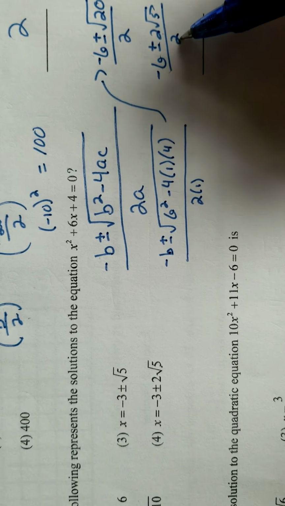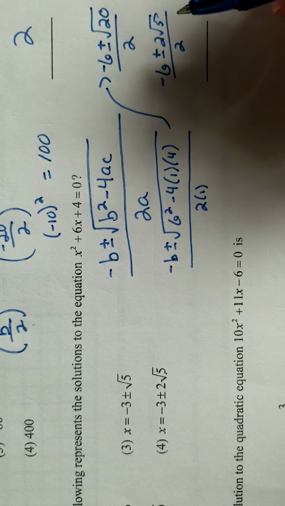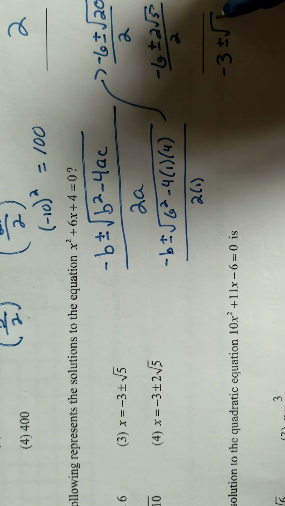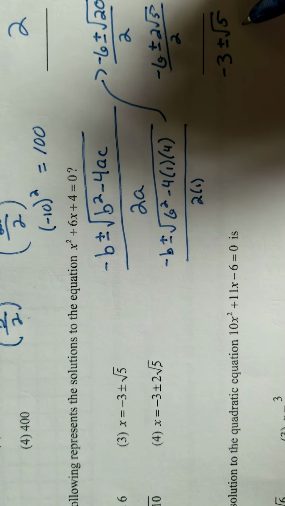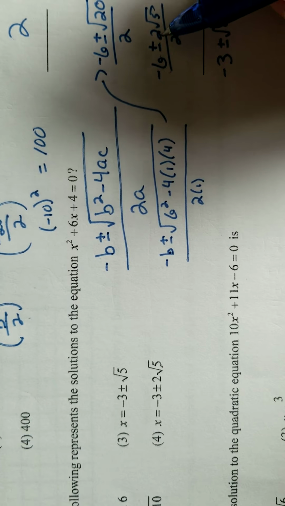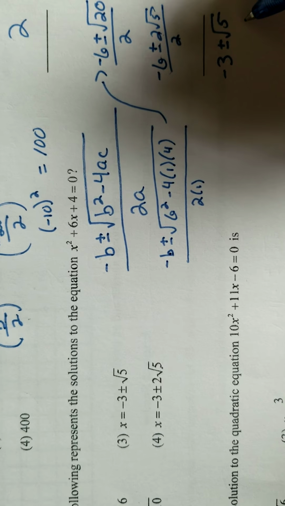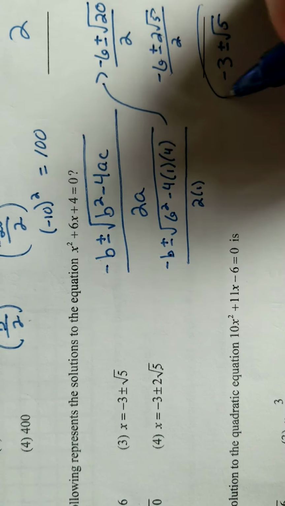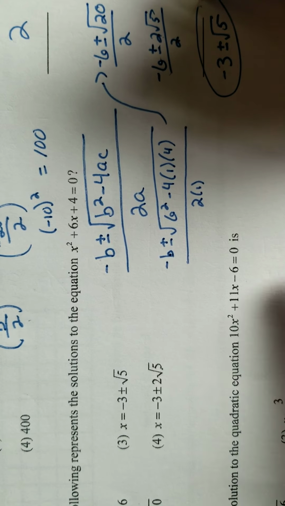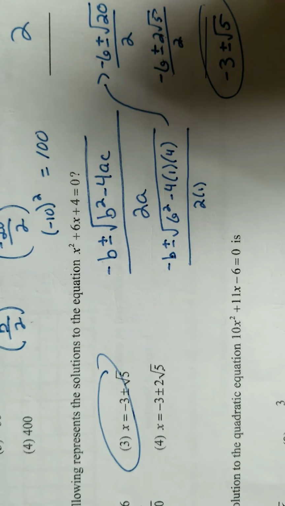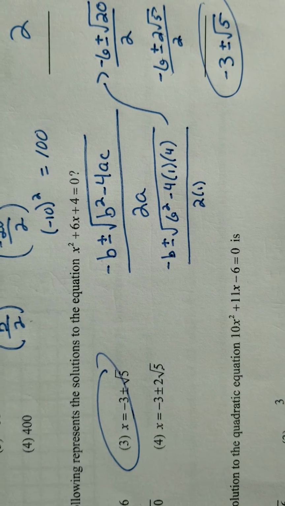We can divide each one of these numbers by 2. So that gives me negative 3 plus or minus the square root of 5 all divided by 1. Basically, when you divide by 2, this turns into 1. So I don't need a denominator of 1. So those are my 2 solutions, and that gives us number 3. And we'll put 3 in the blank. However, I covered up the blank.